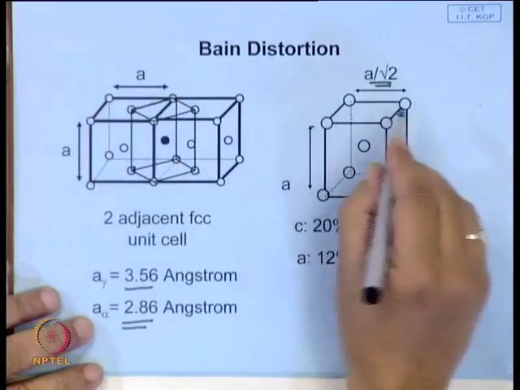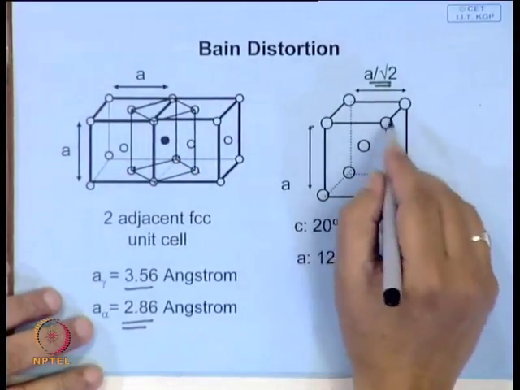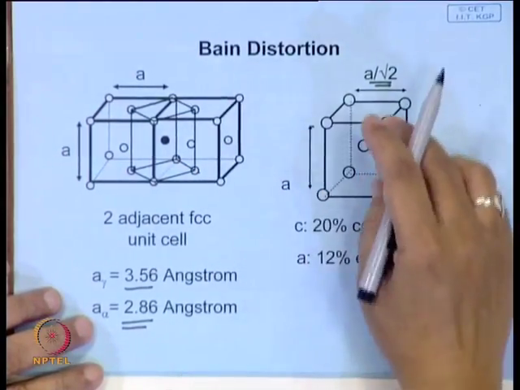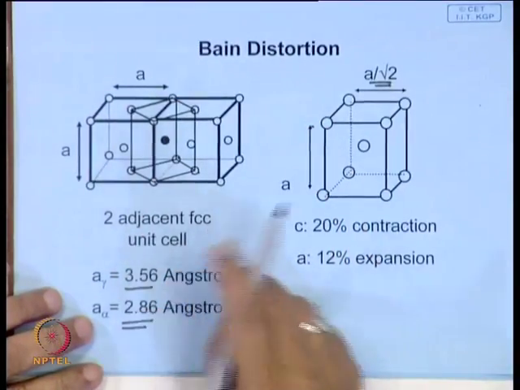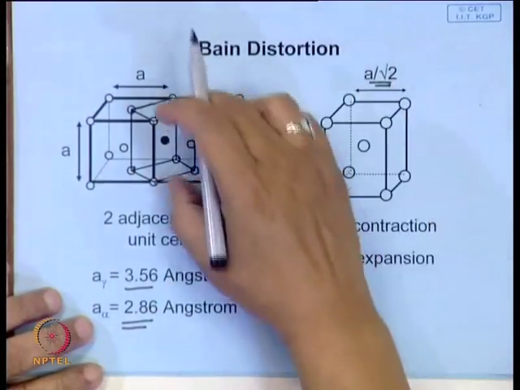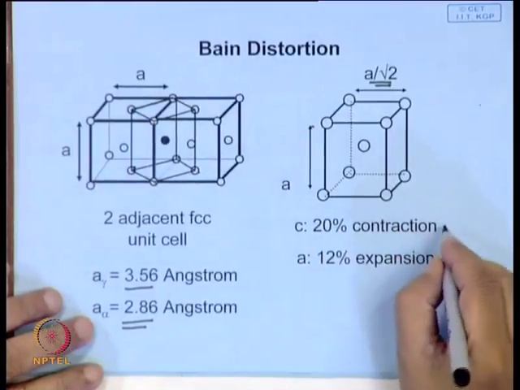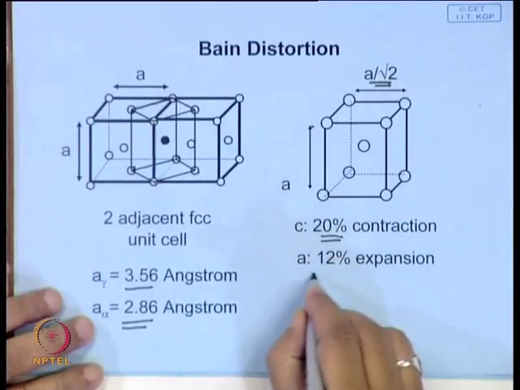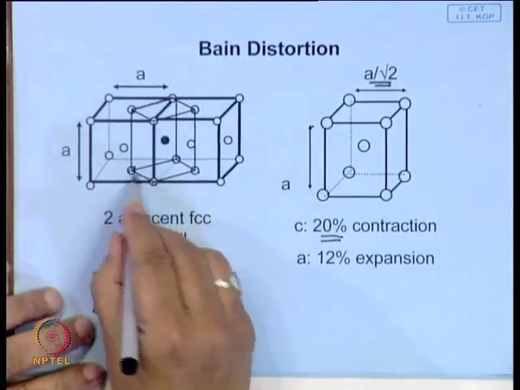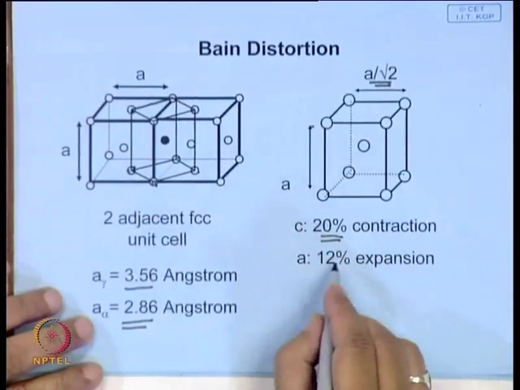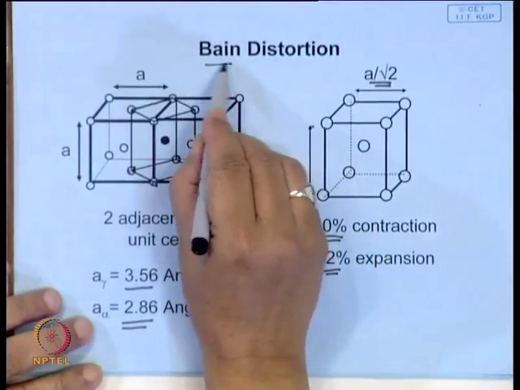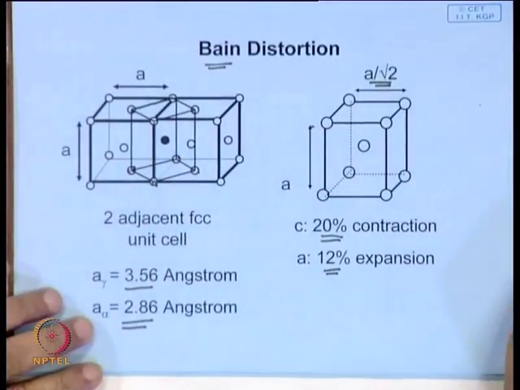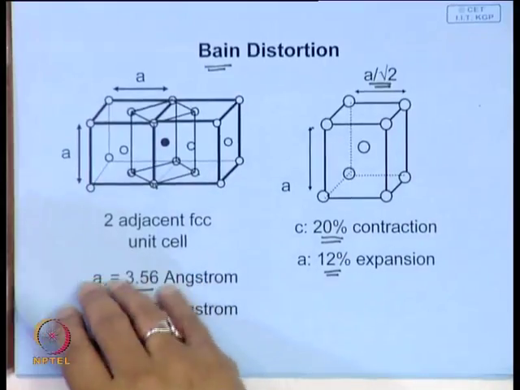Now, when it transforms into martensite, what happens? This crystal structure changes slightly, and what is the change? This c axis, this particular axis, undergoes 20% contraction, whereas this axis expands by around 12%. So, this is the net transformation, and this leads to a distortion which is called lattice distortion, which is called Bain distortion.